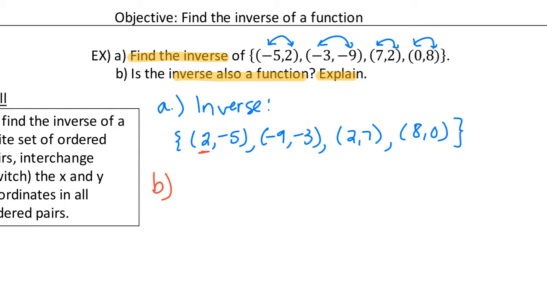I have a 2, a -9, a 2, and an 8. So are any of my x's repeating? Do I have an x that shows up twice? The 2, right? And then you check the y's. 2 is matched up with -5 and 7. Those are 2 different y's. So therefore, this one is not a function.